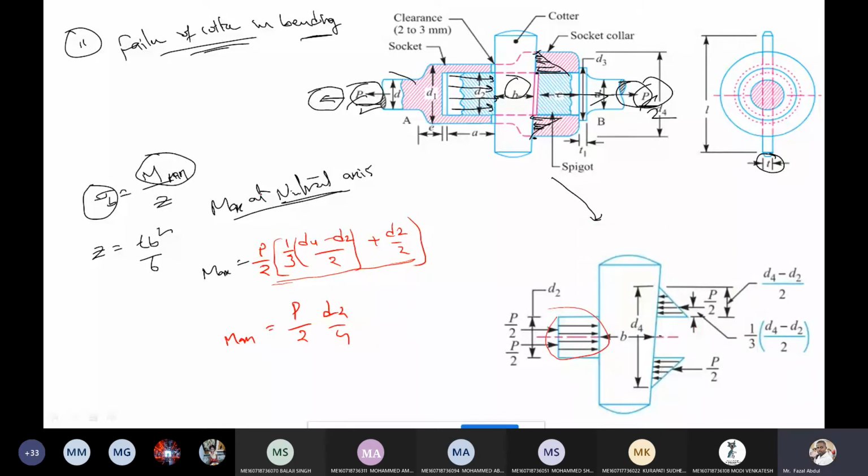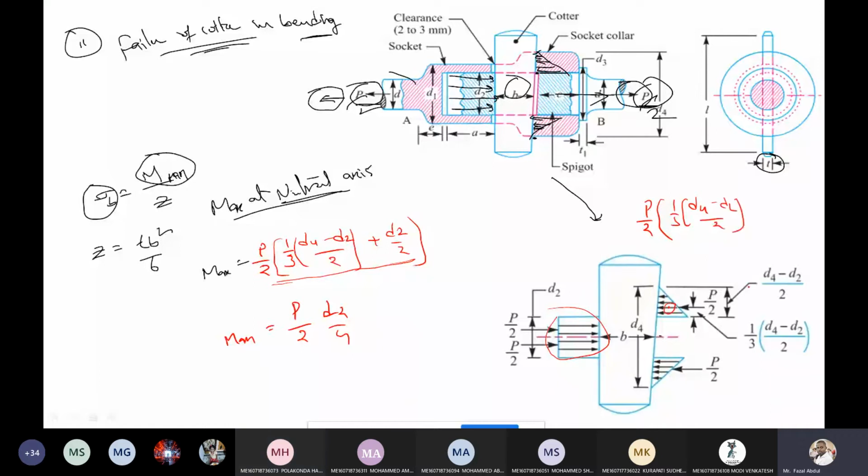Now see here. First convert this uniformly varying load to a point load. So to convert this, P by 2 into what is the center of gravity for this figure? CG, that is 1 by 3 into (D4 minus D2) by 2.